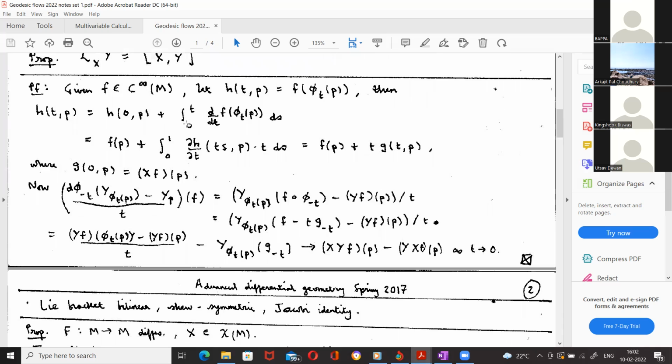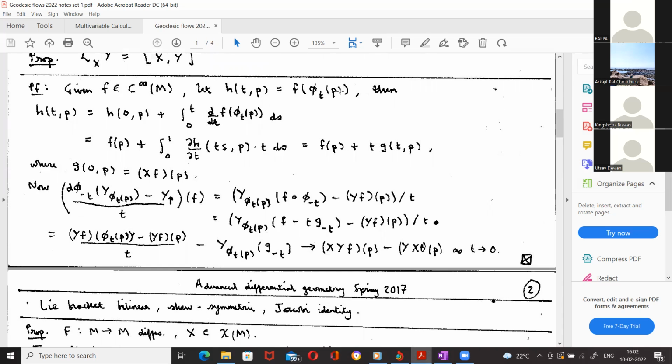So let's prove this. The proof is not very long. Given a function f in C infinity of M, you look at a function of two variables, one a real number and one a point in the manifold M. So look at h of t comma p, which is f of phi t of p.